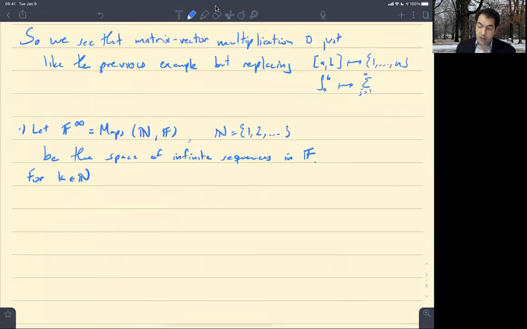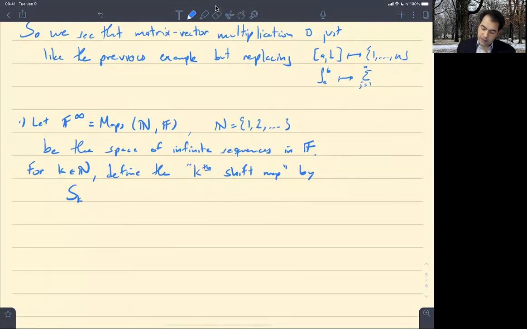And let's define some linear maps. So for any natural number k, define the kth shift map, right? So S_k is going to go from F infinity to F infinity. So you're going to give me an infinite sequence, I'm going to give you back another infinite sequence, right?